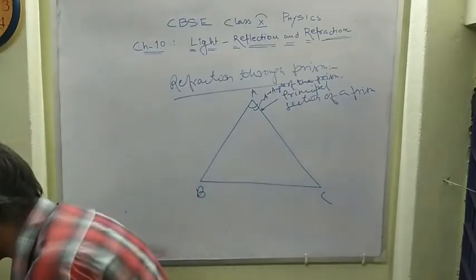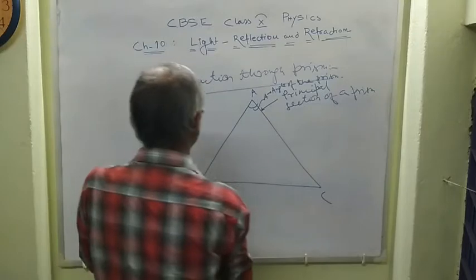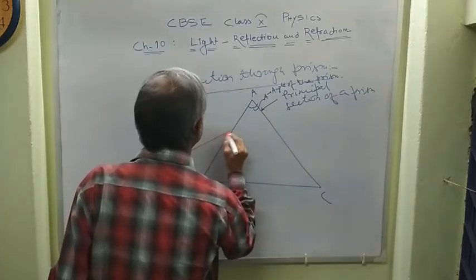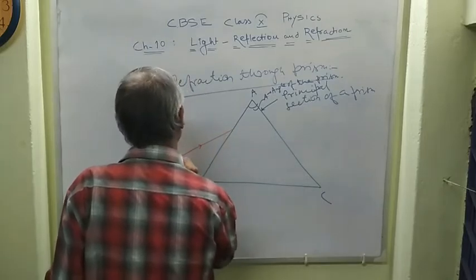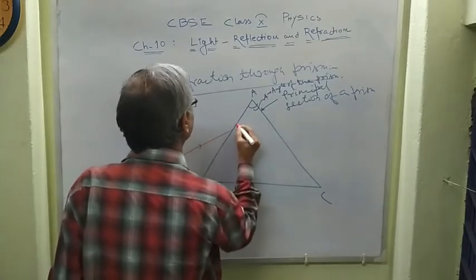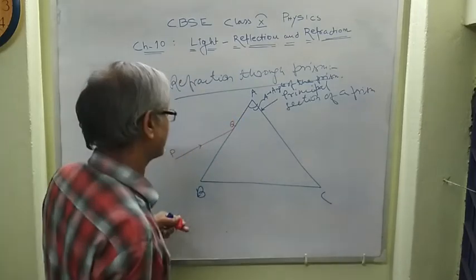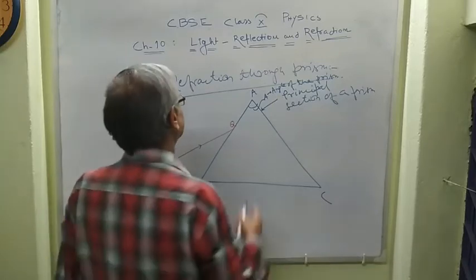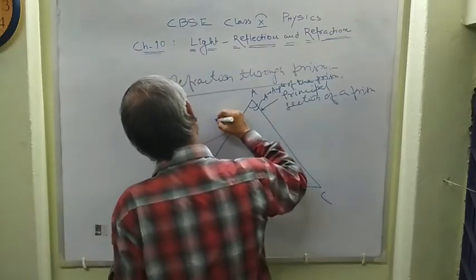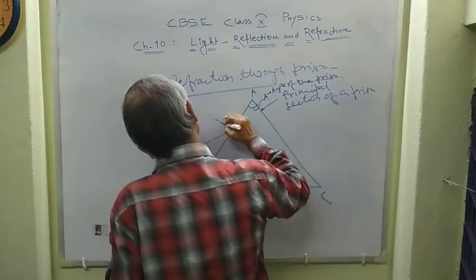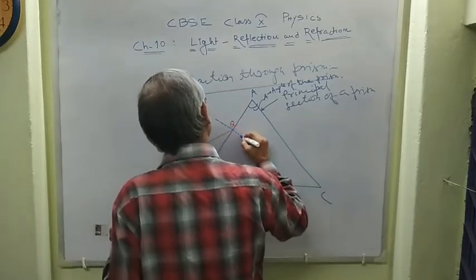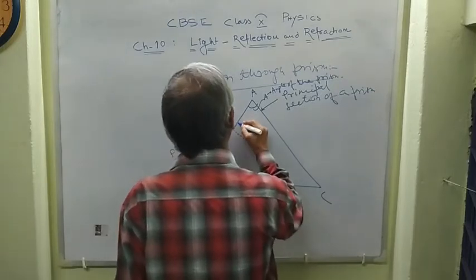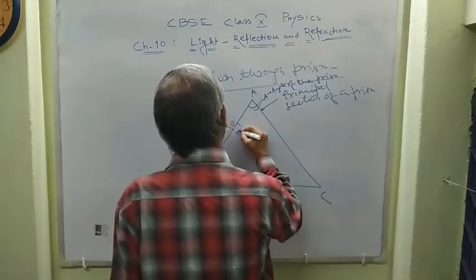The ray diagram will be such that this is the angle of incidence. It is PQ. At Q, refraction occurs. This is the normal at Q on the face AB, on the refracting surface AB. This is the normal, that angle will be 90 degrees.